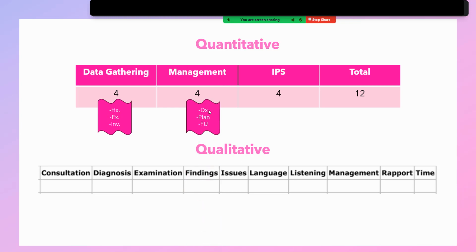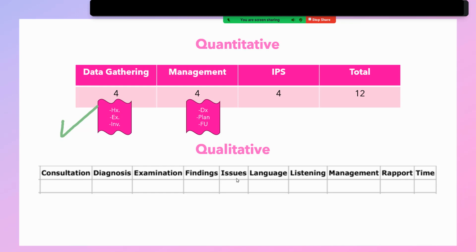In management, you will be marked on giving a provisional diagnosis or range of working diagnoses. And we are going to talk about the diagnosis here. You will also be marked on giving the patient an appropriate management plan, and on following the patient up. Okay?